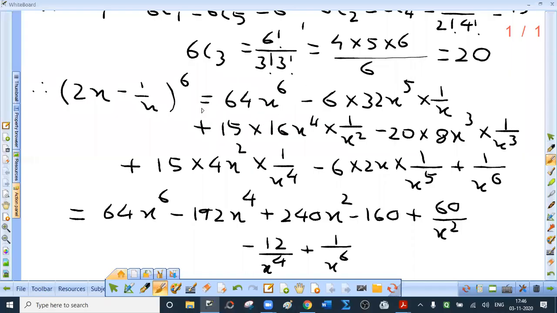So it is 64x raised to 6 minus 6 into 32x raised to 5 into 1 by x plus 15 into 16x raised to 4 into 1 by x square minus 20 into 8x cube into 1 upon x cube plus 15 into 4x square into 1 upon x raised to 4, right?